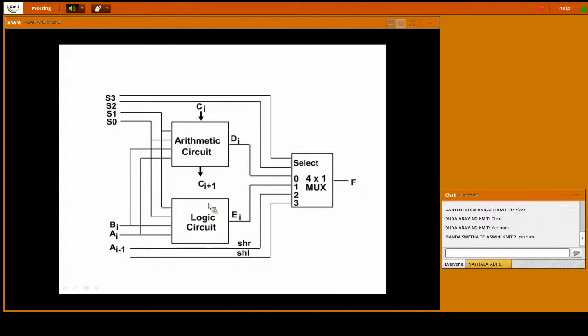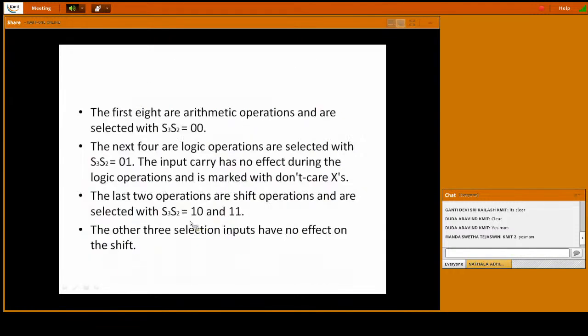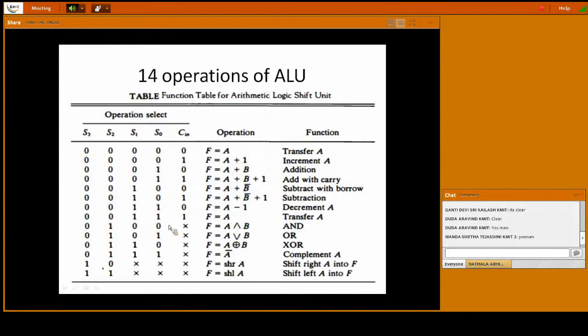So you don't require CI for the logic circuit. These are the different combinations, 1, 2, 3, 4, to get 4 different logic micro operations like AND, OR, XOR and NOT. Complement means simply NOT operation.